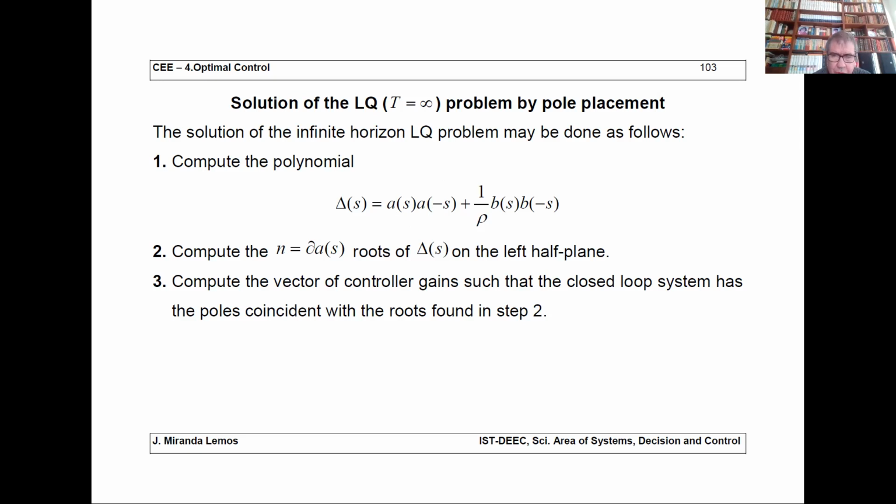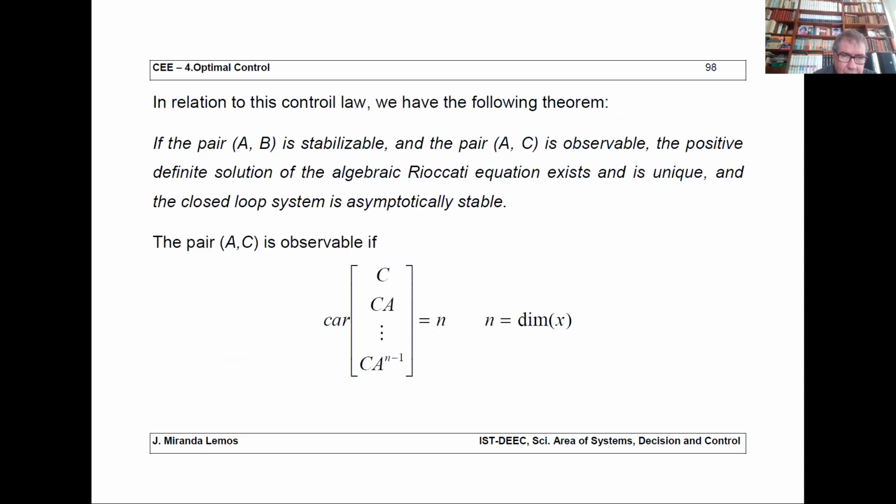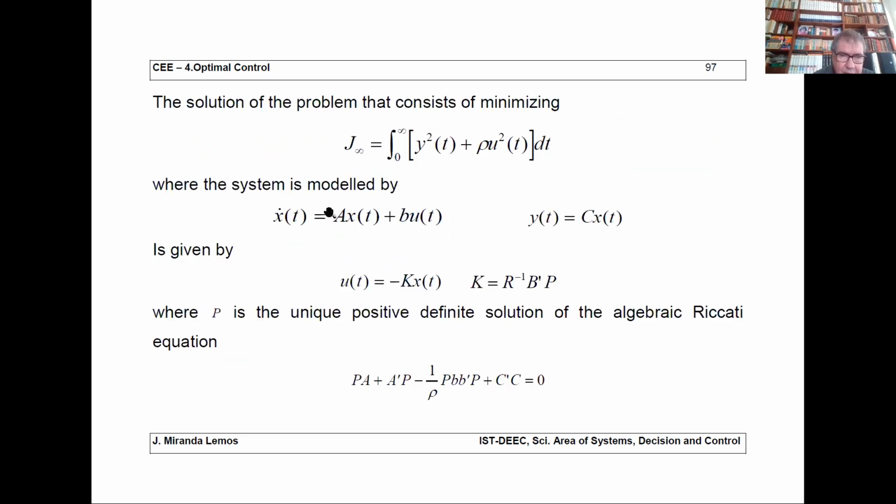Okay? So we have two methods. One method to design optimal controllers based on a quadratic cost for linear plants is solve the Riccati equation, and then compute the gains in this way.